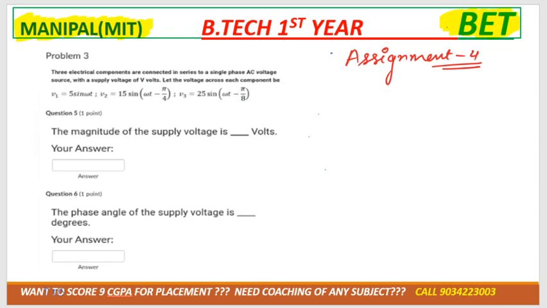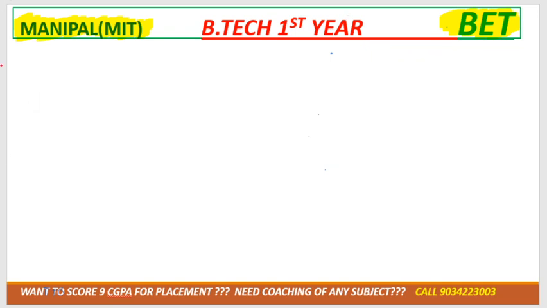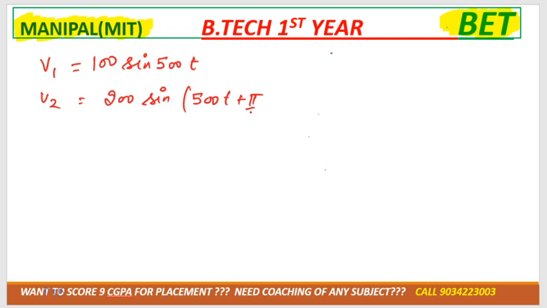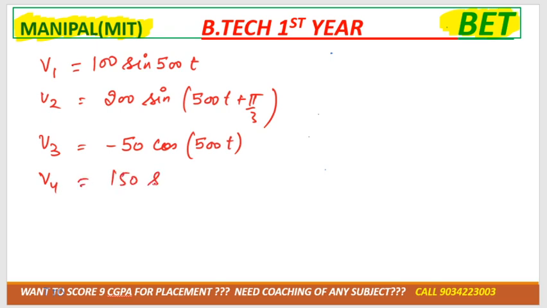Based on this, first I'd like to tell you how to solve these kinds of questions. Whenever they give you different values for voltage, maybe for the current, like V1 is equal to 100 sine 500t, V2 is equal to, suppose I'm taking a similar question, 500t plus pi by 3, V3 is equal to minus 50 cos 500t, and V4 is equal to 150 sine 500t minus pi by 4.